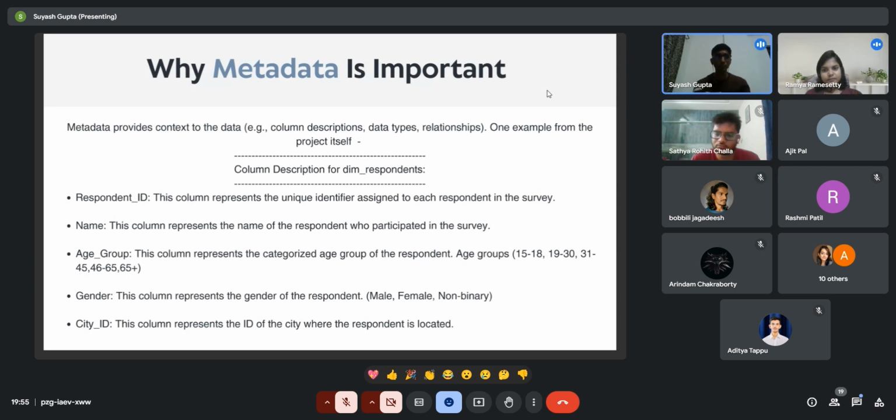Similarly, the age groups and gender provide context: the gender provides male, female, non-binary, and the city ID provides a unique city ID where the respondent is located.